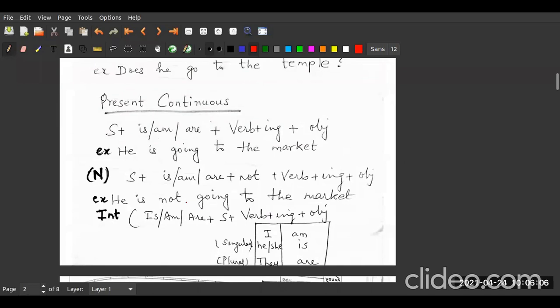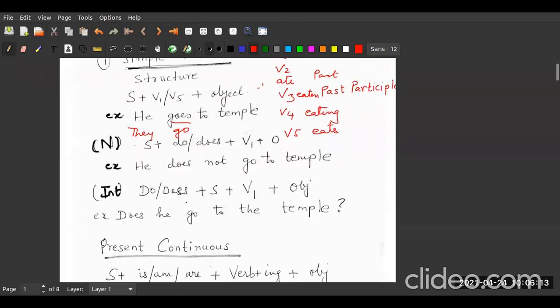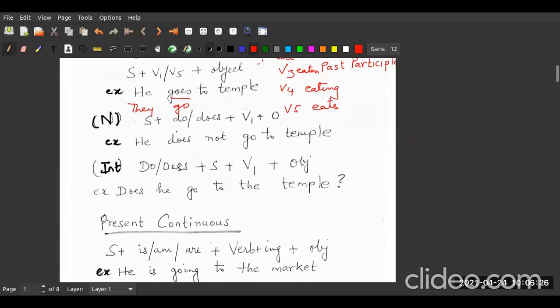With I, you use am, and with he, she, it, is. With I and you, always use the present form of the verb only, meaning the verb without s.